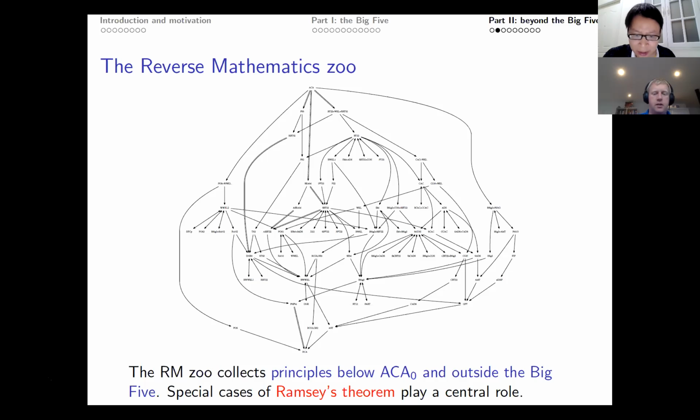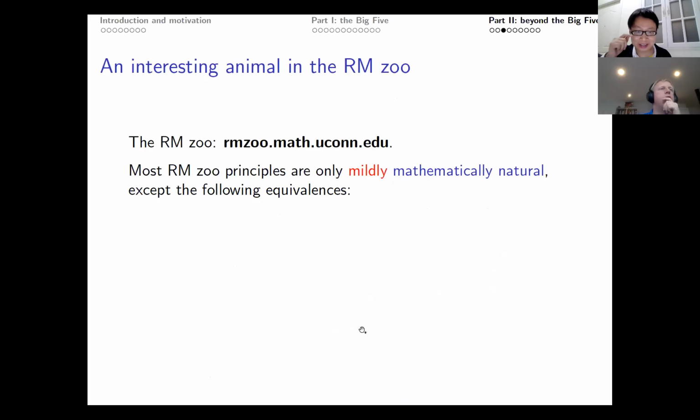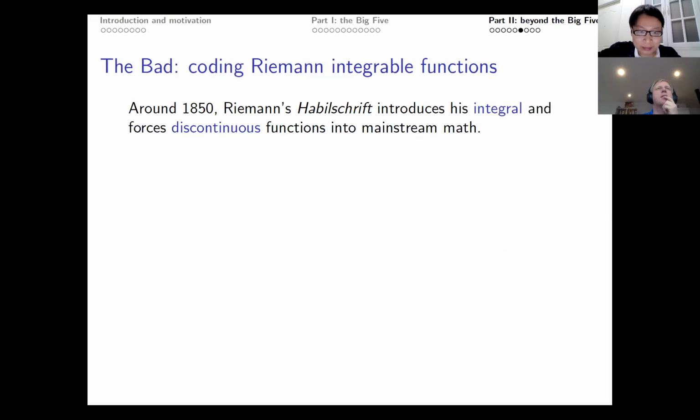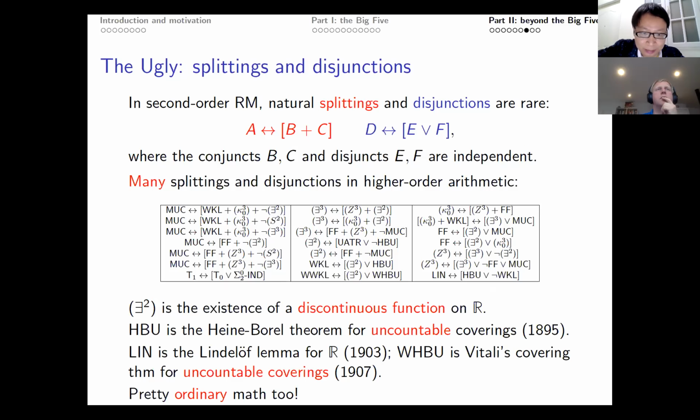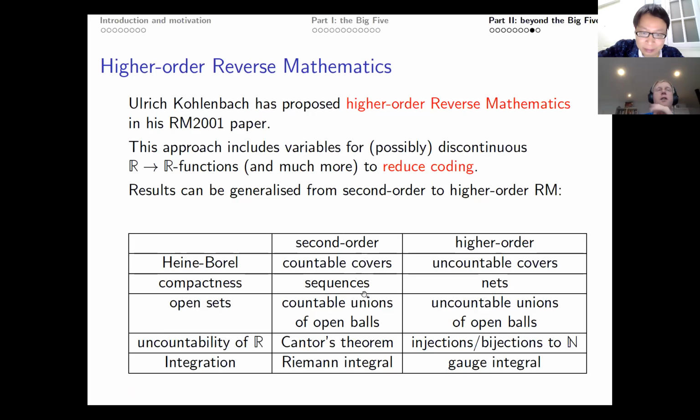We have another question. There is a big five in higher reverse math, and this picture almost tells you that. In second order reverse math, Heine-Borel for countable covers is just equivalent to WKL, and then the associated system is the same thing but about uncountable covers.